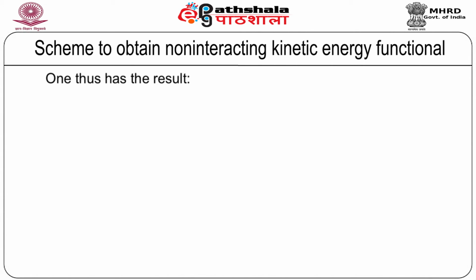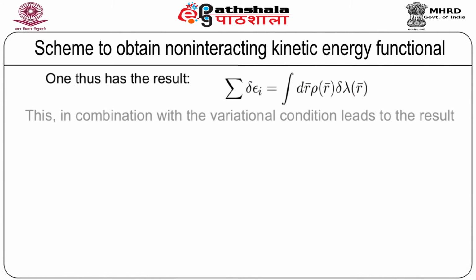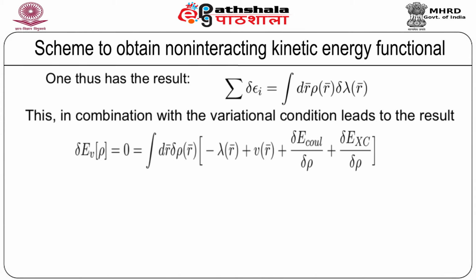One thus has the result that summation over I delta epsilon I equals integral dr rho r delta lambda r. This in combination with the variational condition leads to the following result, which is 0 equal to integral dr delta of rho r times minus lambda plus Vr plus delta E Coulomb divided by delta rho plus delta E exchange correlation divided by delta rho.